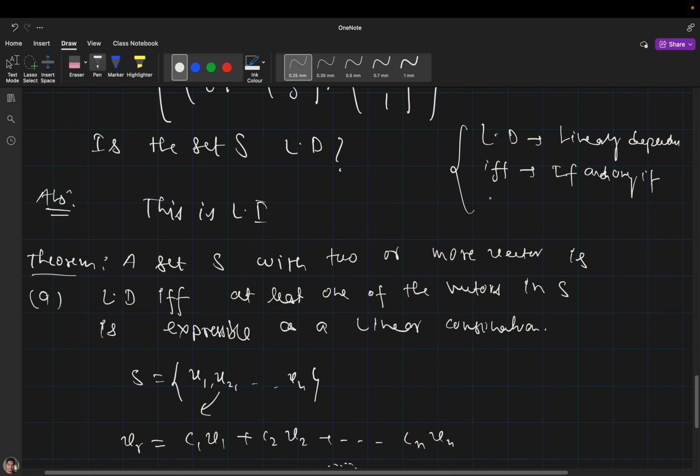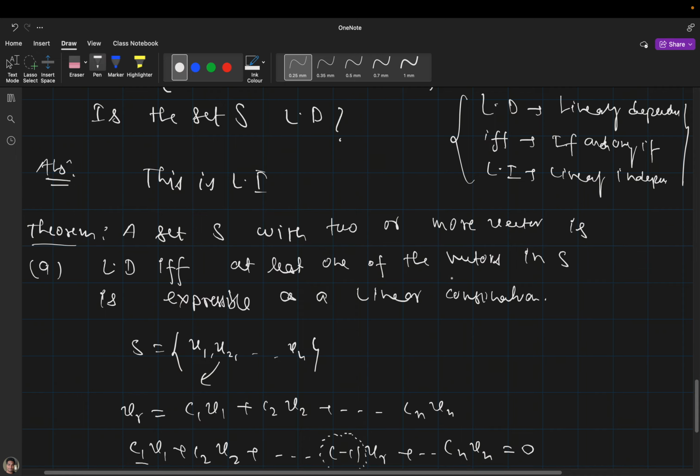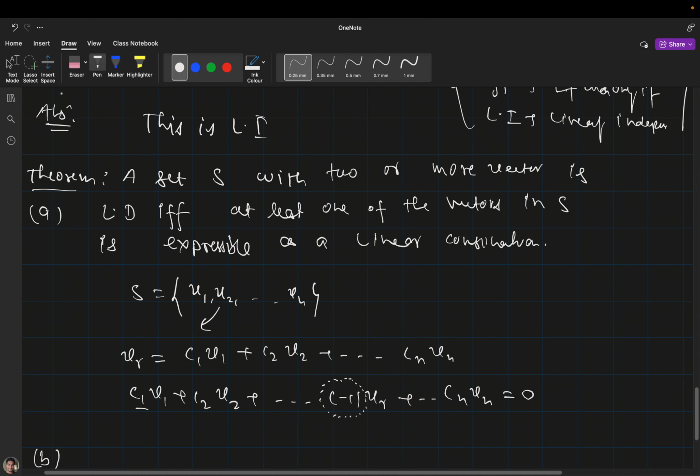And LI means linearly independent. Okay, sir. So this is a linear combination. Yes.